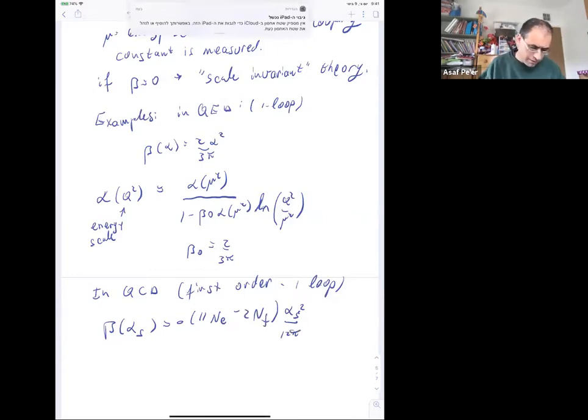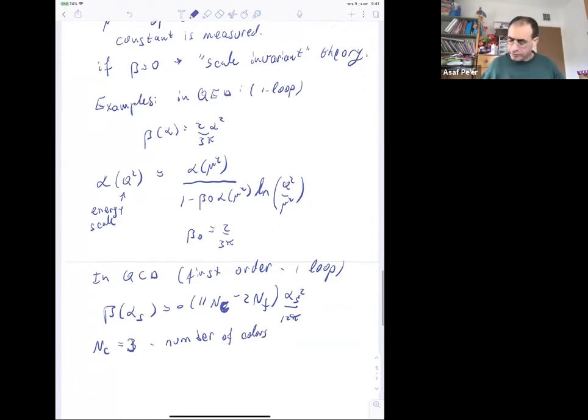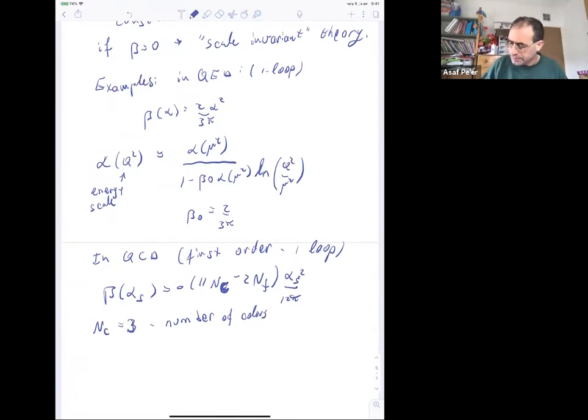I think I may have a typo here in my notes. I have to check it out. NC, sorry, not NE. NC is the number of colors. And NF is the number of flavors of the quarks.